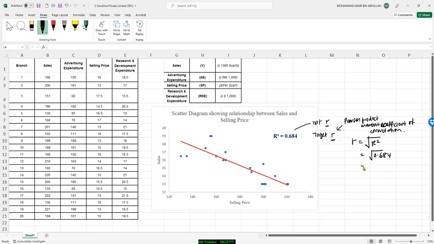0.684. So kalau you calculate, so you akan dapat berapa? SQRT 0.684. So the value of correlation is 0.82, right? But if you compare with the graph, it shows that it has a negative linear correlation.